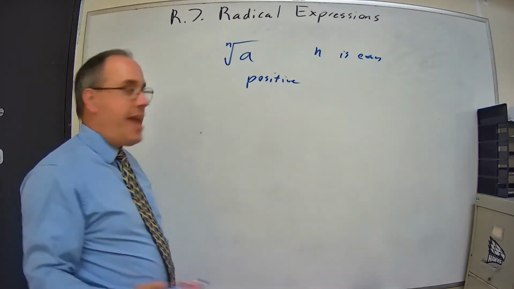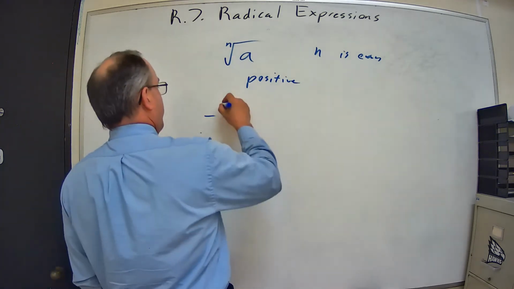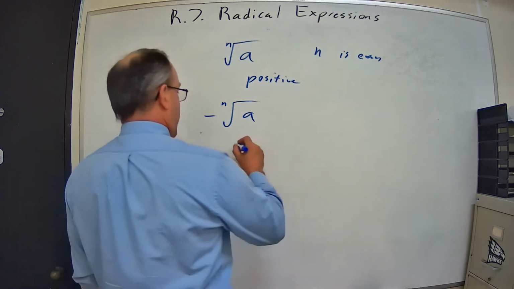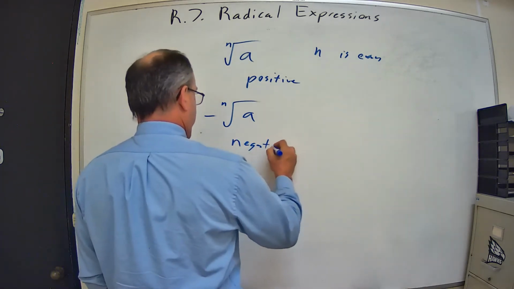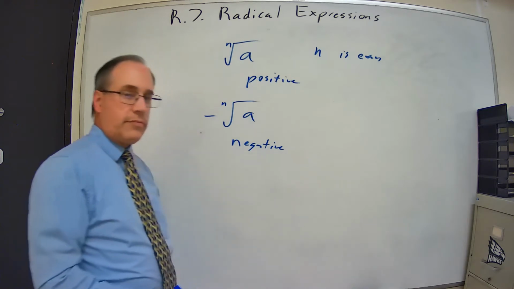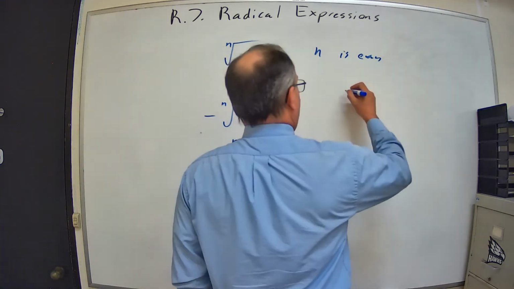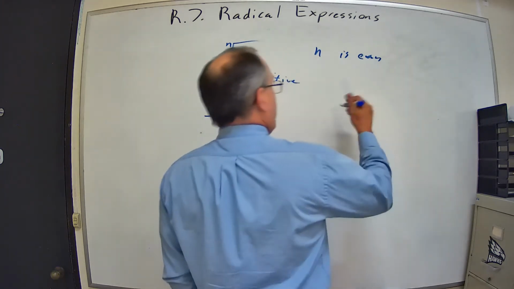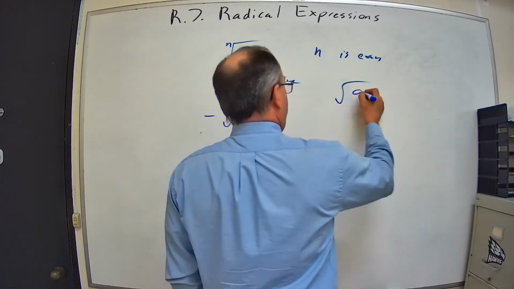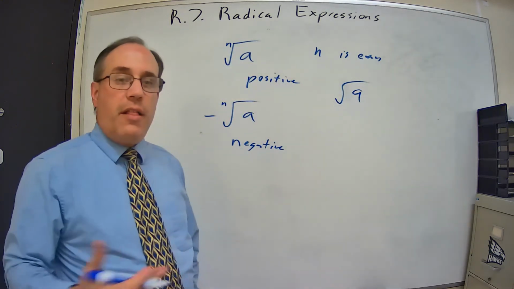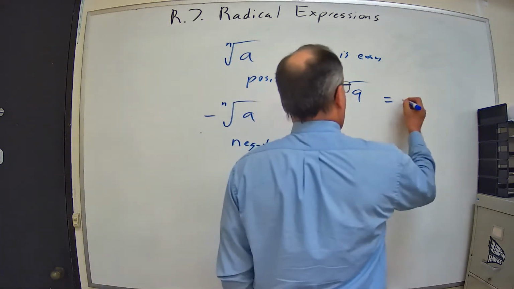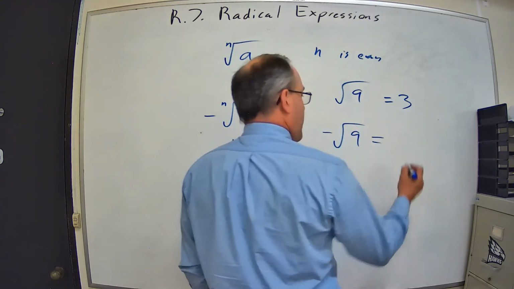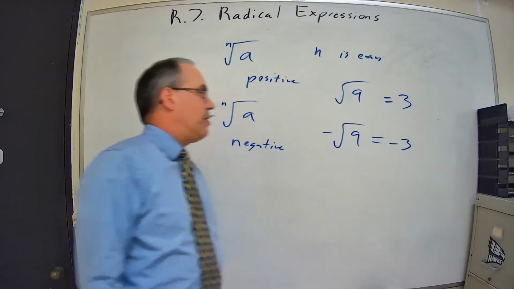If we want the negative root, we say negative nth root of a, and then we'll give the negative root. If we have the square root of 9, that would be 3. But if we have the negative square root of 9, that would be negative 3.